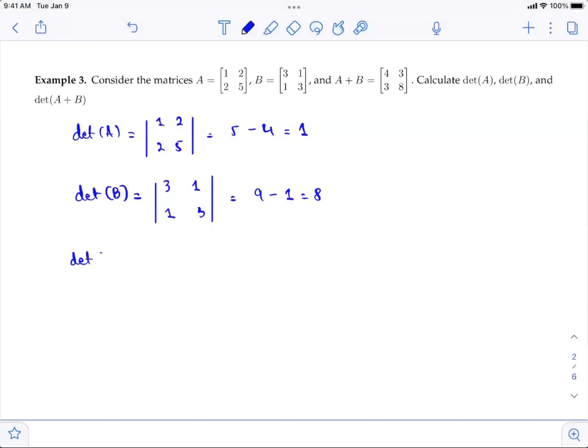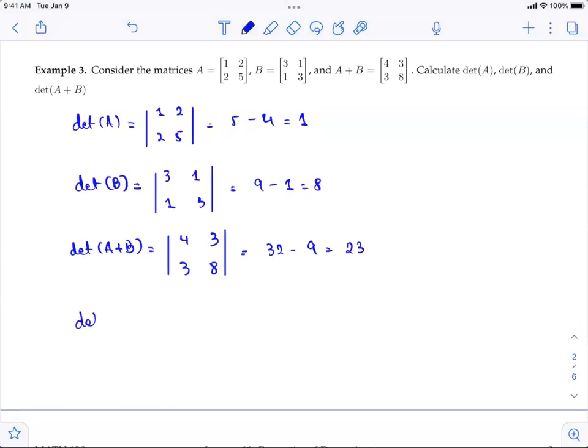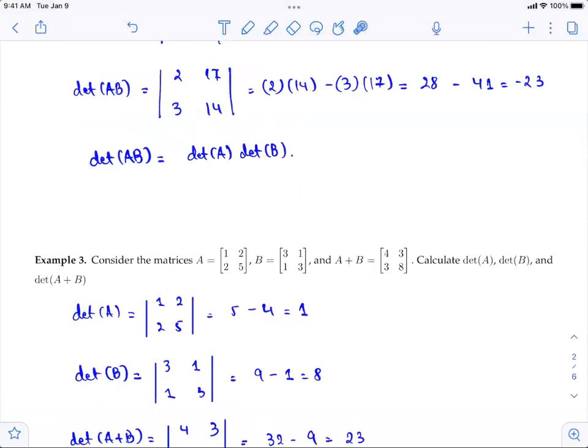And the determinant of A plus B is that of 4, 3, 3, 8, which is 32 minus 9, equal to 23. So clearly, the determinant of A plus B is different from the determinant of A plus the determinant of B. You have to be careful with this type of relationship between the determinant of a sum or the determinant of a product. The determinant of the product is the product of the determinants, which is good for us.